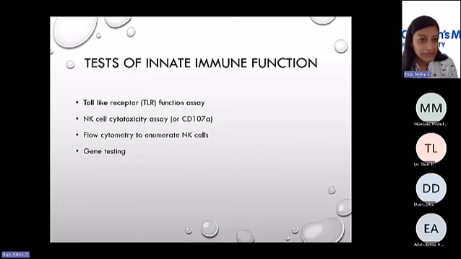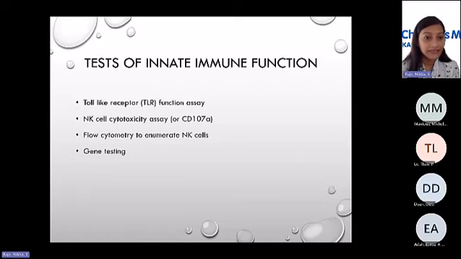Looking at the innate immune system, you can order toll-like receptor functional assay, and there are some stimulants that are used to look at whether the toll-like receptors are able to go through the downstream signaling that leads to cytokine release.